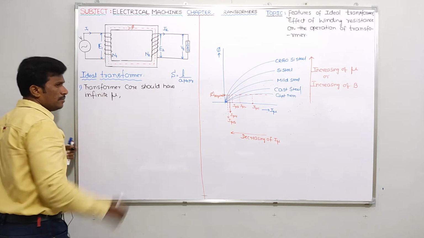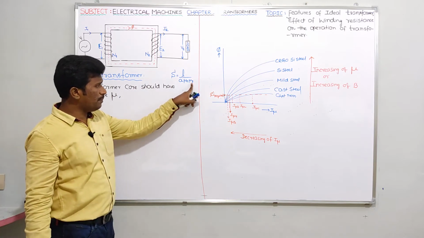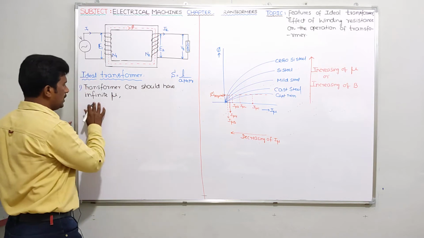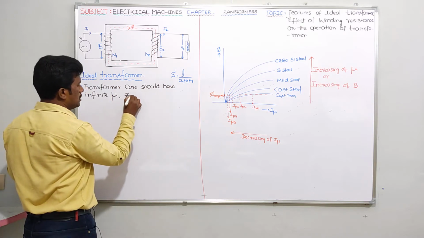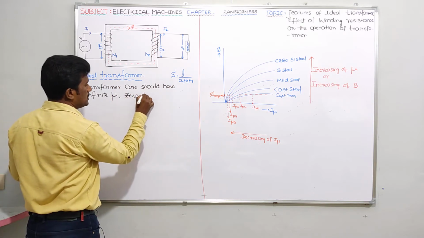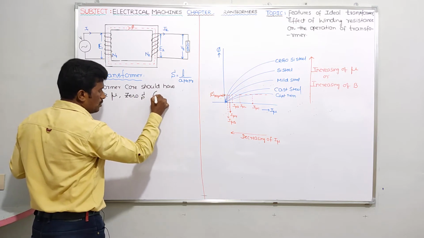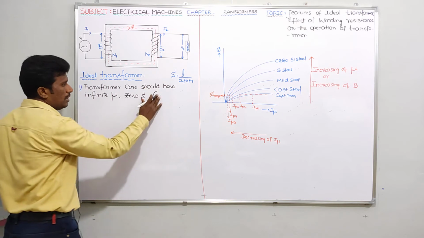Guys, whenever permeability is infinite, what is the value of reluctance? 0, no? Infinite permeability, which means zero reluctance. I can write it in brackets also. One more point, okay.